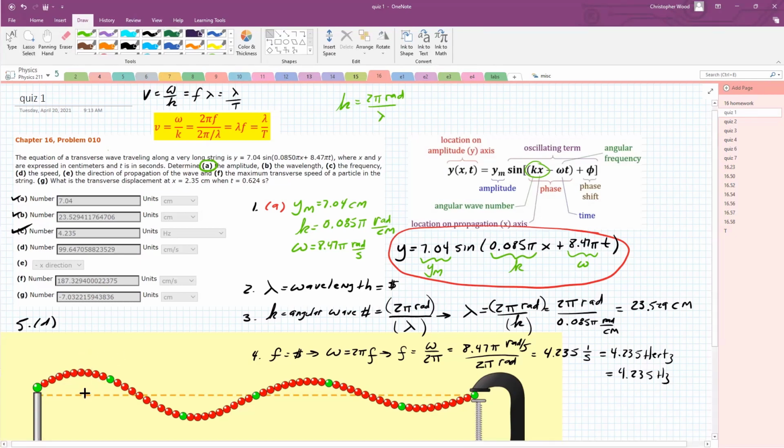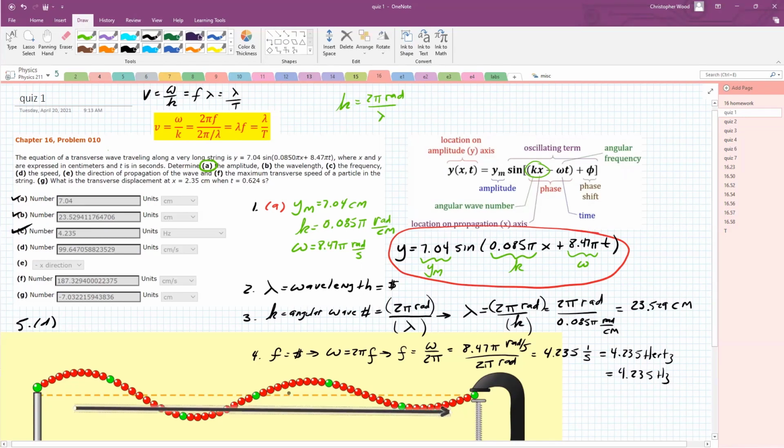But the wave, the energy, is being carried through space and time in that direction. This is a wave traveling through space time, going along a position axis and through time. This is the wave velocity, sometimes referred to as wave speed.